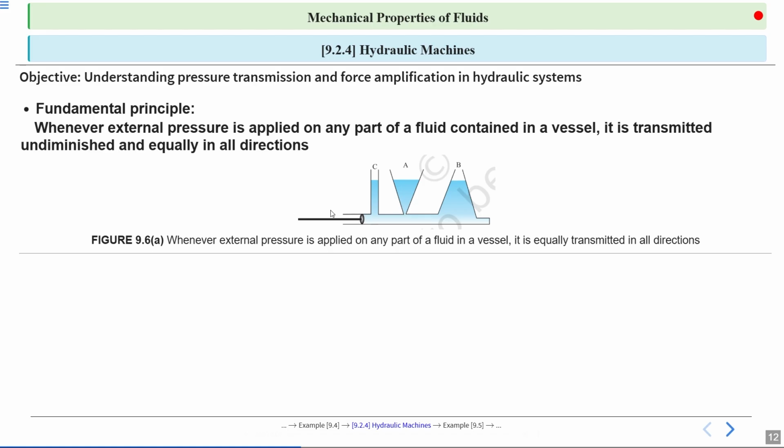This uniform transmission is what allows hydraulic systems to amplify force effectively. As we look at the figure 9.6a, consider how this principle is applied in real world systems like car brakes and hydraulic lifts.